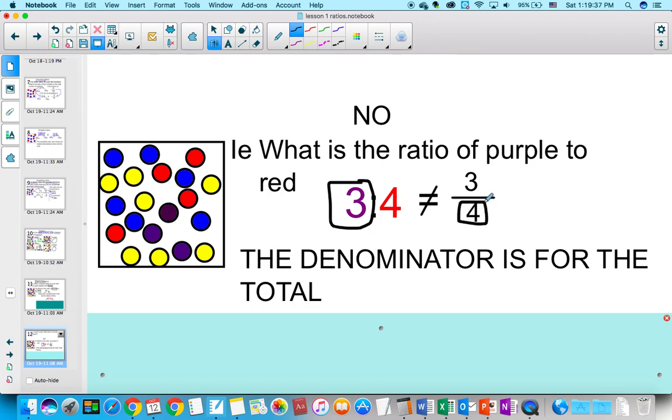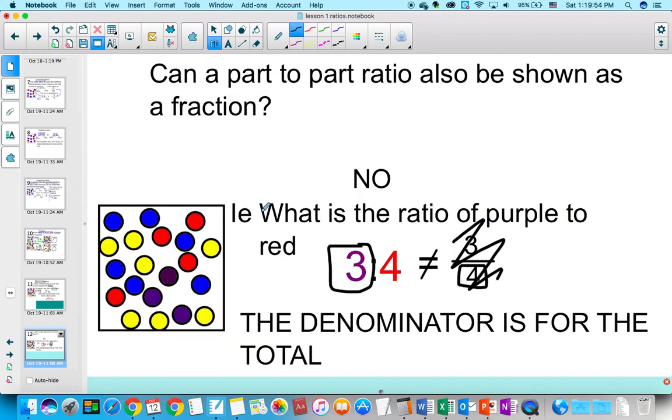It doesn't really make sense because the denominator represents the total number, not a separate part. So you cannot represent a part-to-part ratio as a fraction. And so this is where a lot of mistakes can happen, because students will see a ratio and then they'll convert it into a fraction, but they don't realize that they've made a part-to-part ratio. So don't make that mistake.